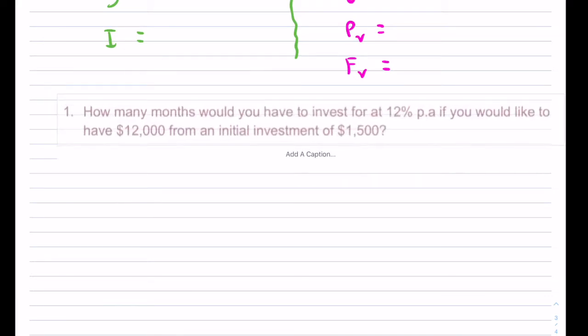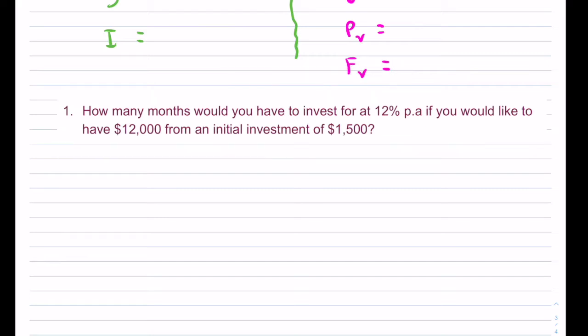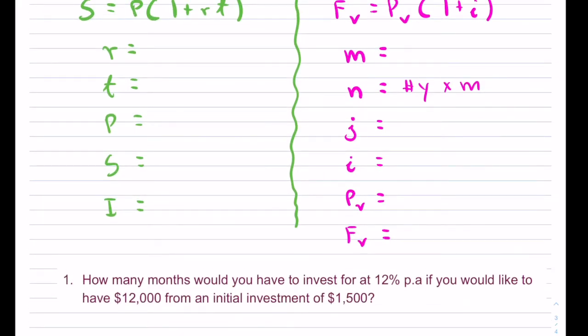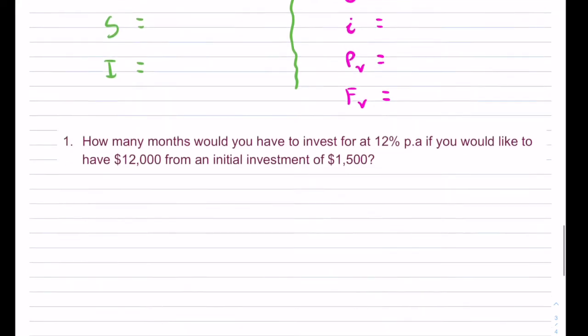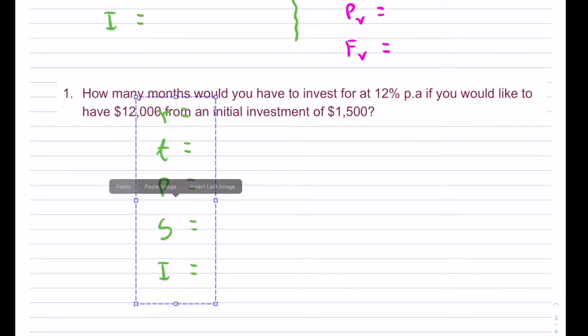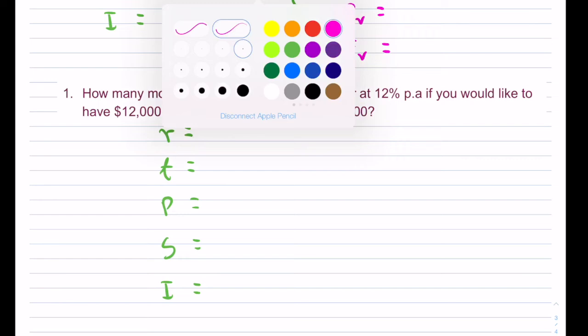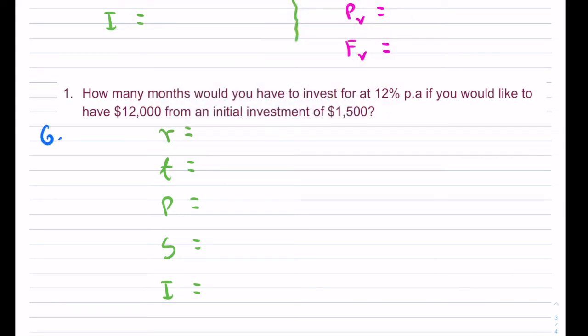We know that this is a simple interest question. So here are my givens. This is what I'm going to be looking for. I'm going to copy it down and bring this right here. These are my givens that I want to find in the question. So those are my givens.